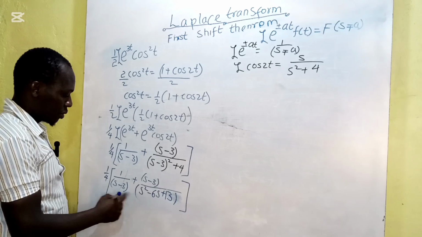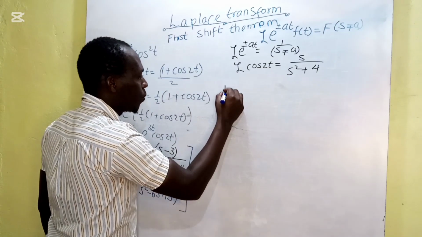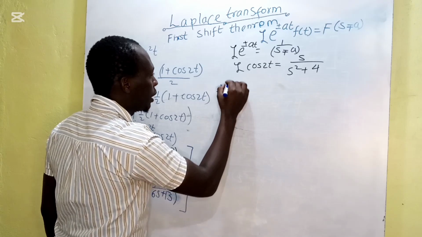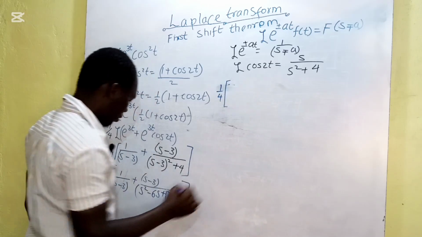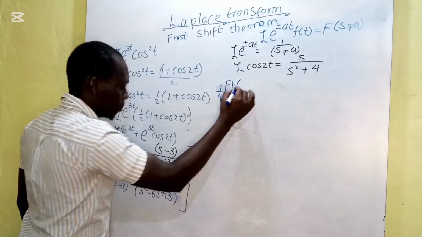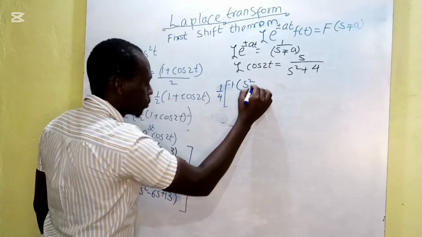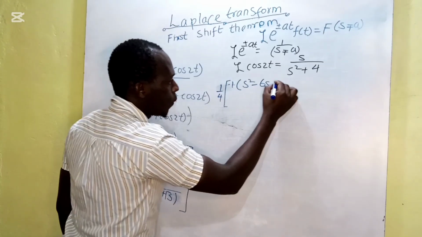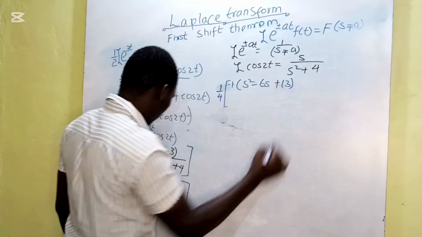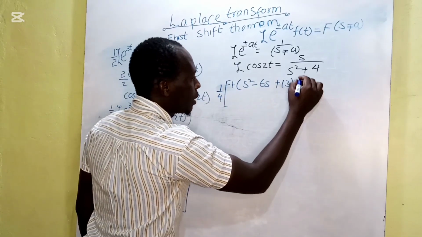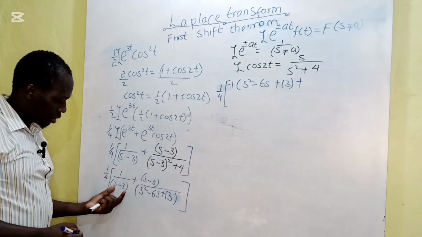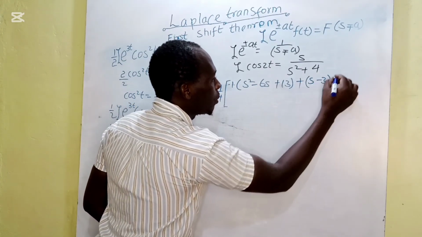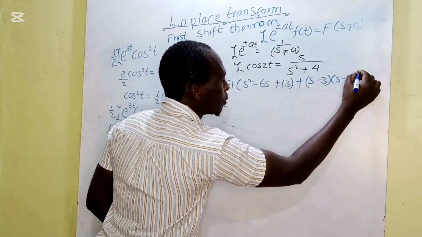And by doing that, we are going to have a quarter into 1, we multiply by s squared. We subtract from 6s, we add to 13. We come and add to s, we subtract from 3, we multiply by s, we subtract from 3.